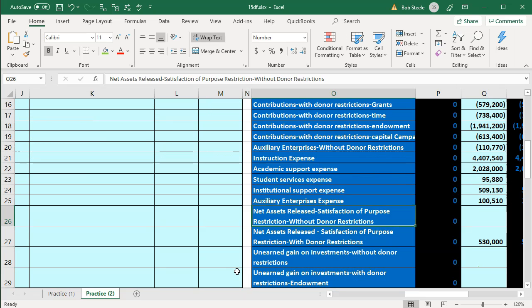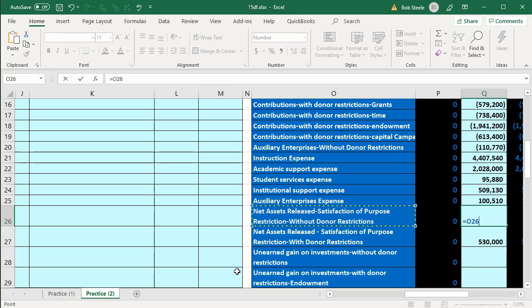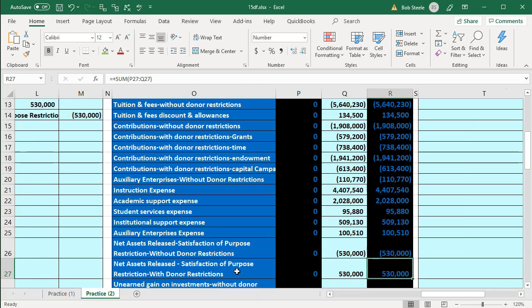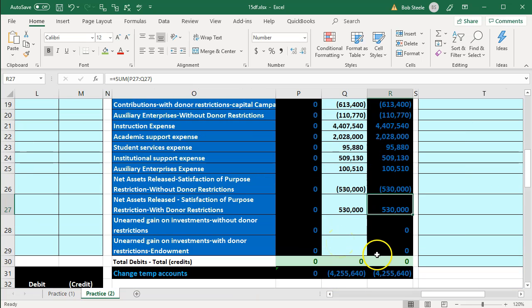Scrolling back down to the credit, here's the one without restrictions. We are in Q26 where we will say equals. Scrolling back up to the one without restrictions, the 530,000, enter. There we have that. And if you scroll back down, we see that we're back in balance given by the green zeros. So the trusty green zeros.